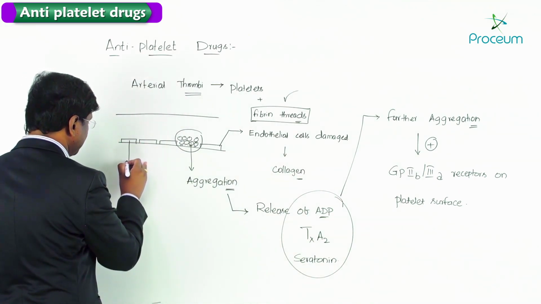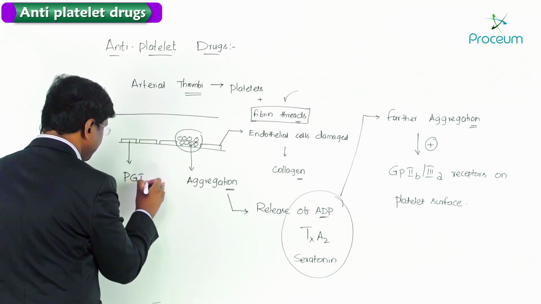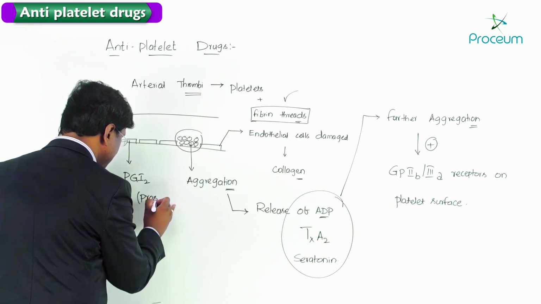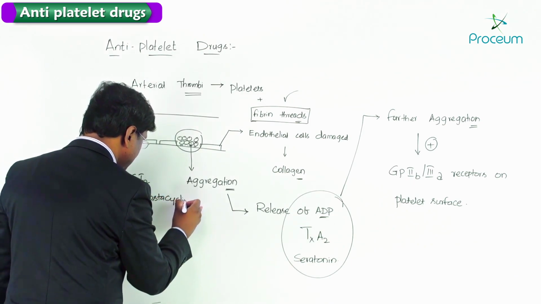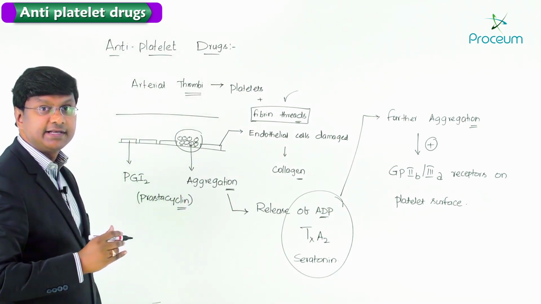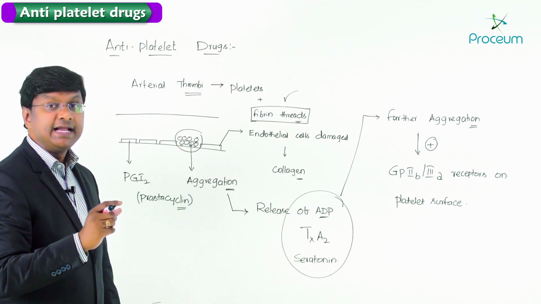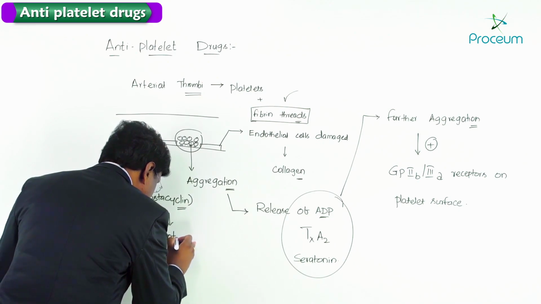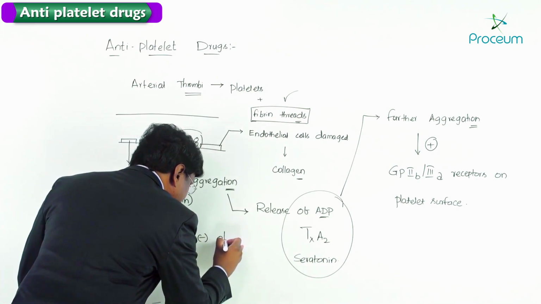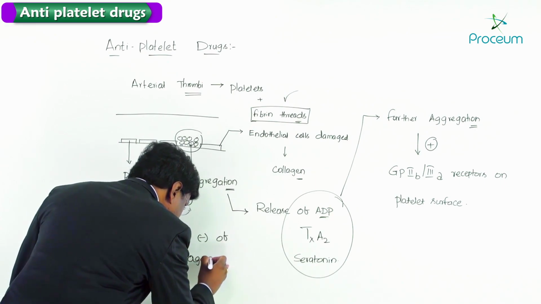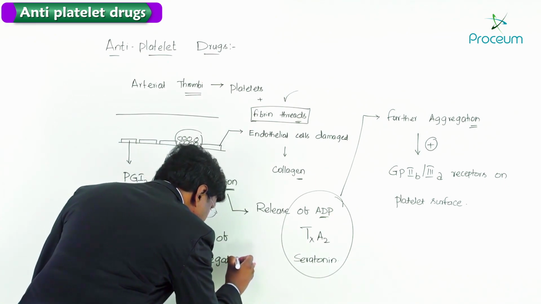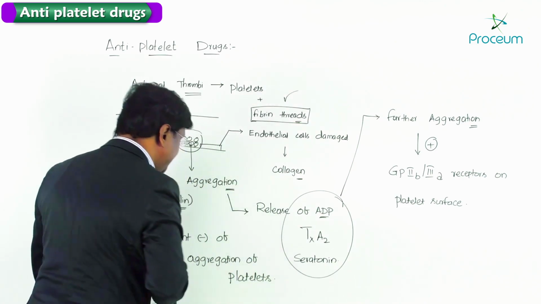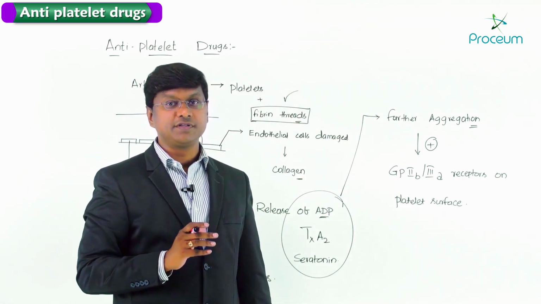So from this vascular endothelium there is release of the PGI2, which is a prostacyclin, and it is a potent inhibitor of the aggregation of the platelets.